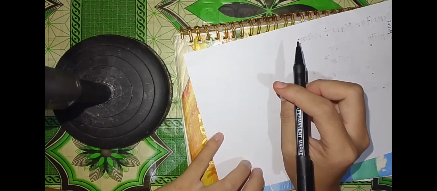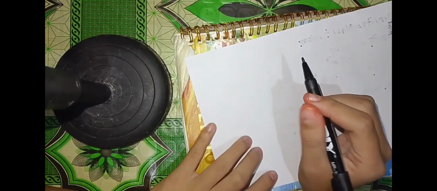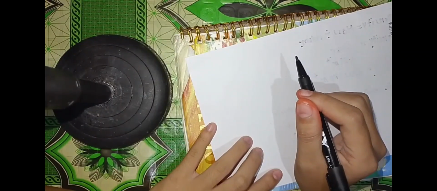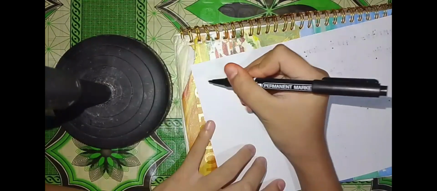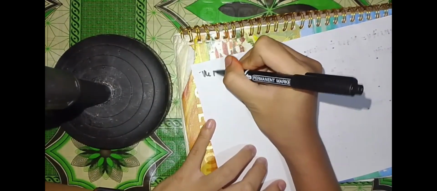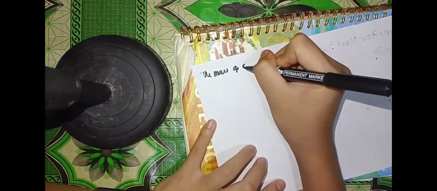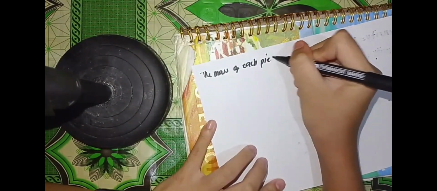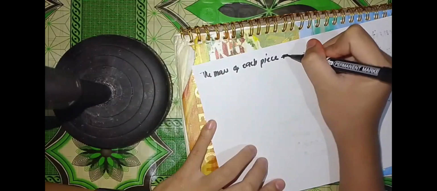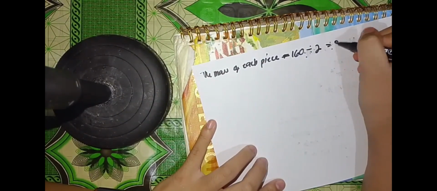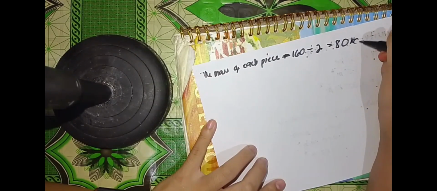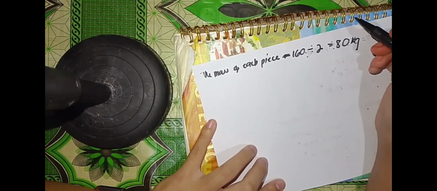Now, the third question: if the block is cut into 2 equal parts, what will be the mass, volume, and density of each piece? Since the block is divided equally, the mass of each piece equals 160 divided by 2, which equals 80 kilograms.